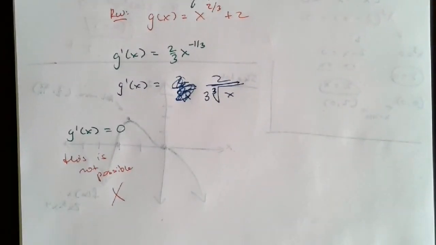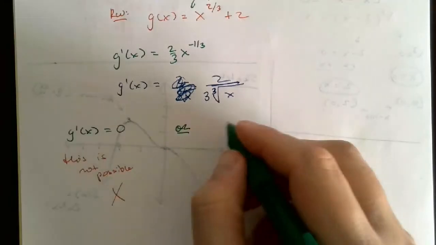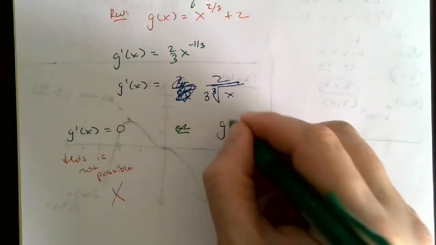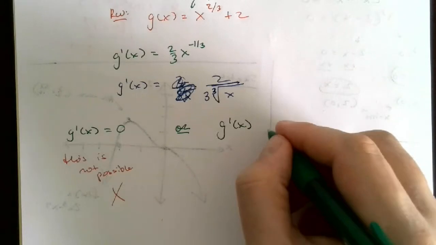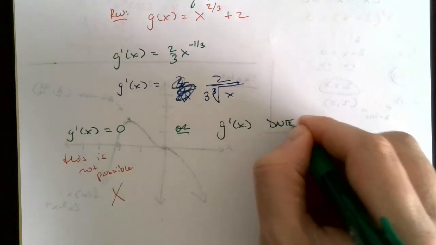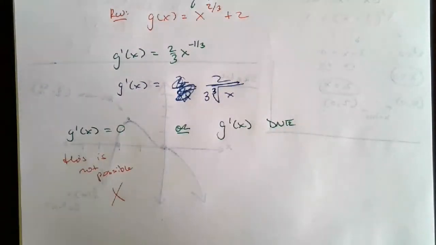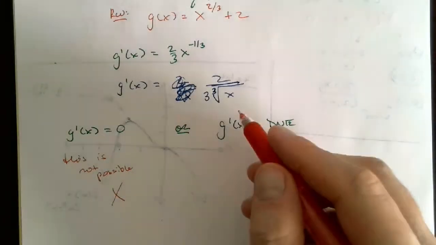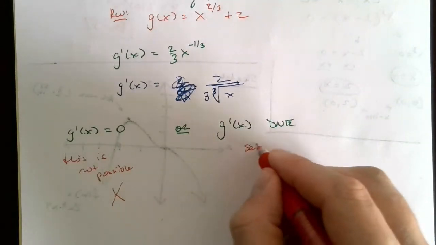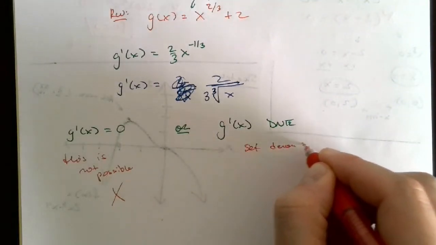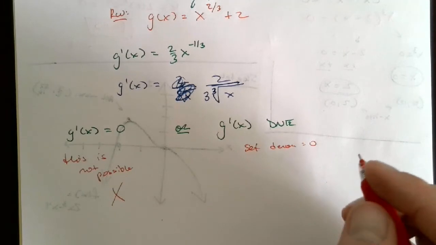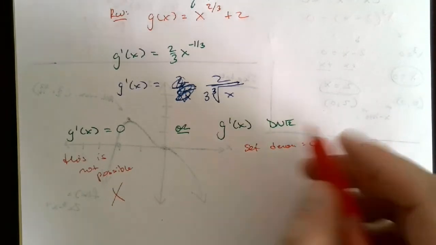And that's okay. Or, remember the other way, it's where the first derivative g prime of x does not exist. So are there places where this does not exist? Well, let's take a look at our domain of g prime of x. You want to set the denominator equal to 0. When does this equal 0?